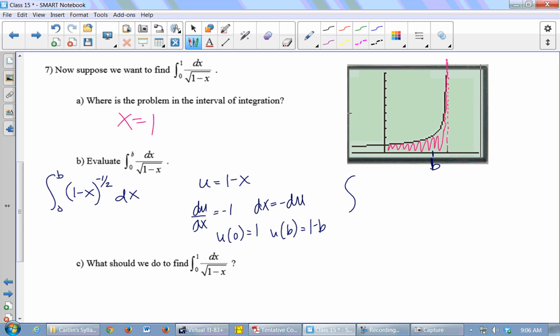So I'm plugging my two bounds, 0 and b, into my function u, because those bounds are x values on this graph. So I have to change them to u values and make them my new bounds. So now, instead of going from 0 to b, I'm going to go from 1 to 1 minus b of u to the -1/2 negative du. I'll throw the negative over here.